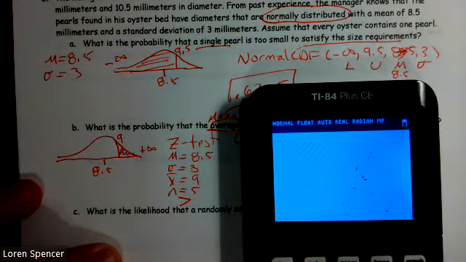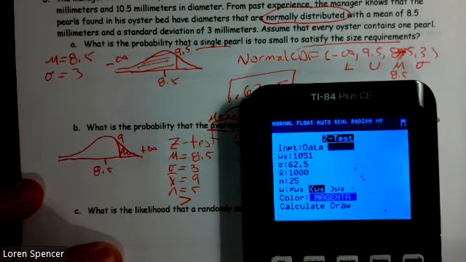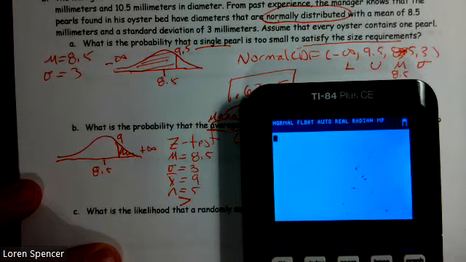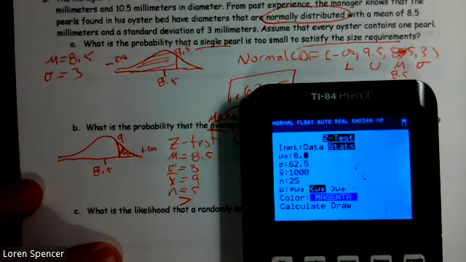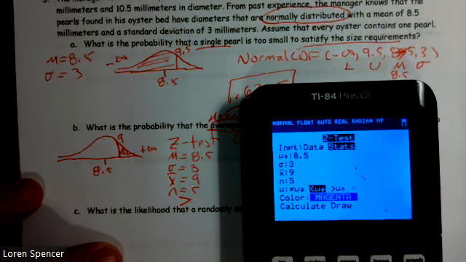Let's go to the calculator. Stat, test, z-test, mean of 8.5, standard deviation 3, X bar 9, N is 5. And we need a greater than.